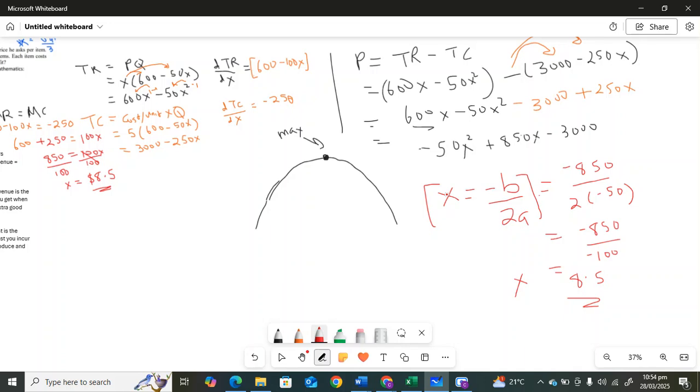But you only use this way if you come up with a quadratic equation. If it's a polynomial equation, let's say x to the power 1, I've just forgotten how you deal with it in that case. The rules will change.